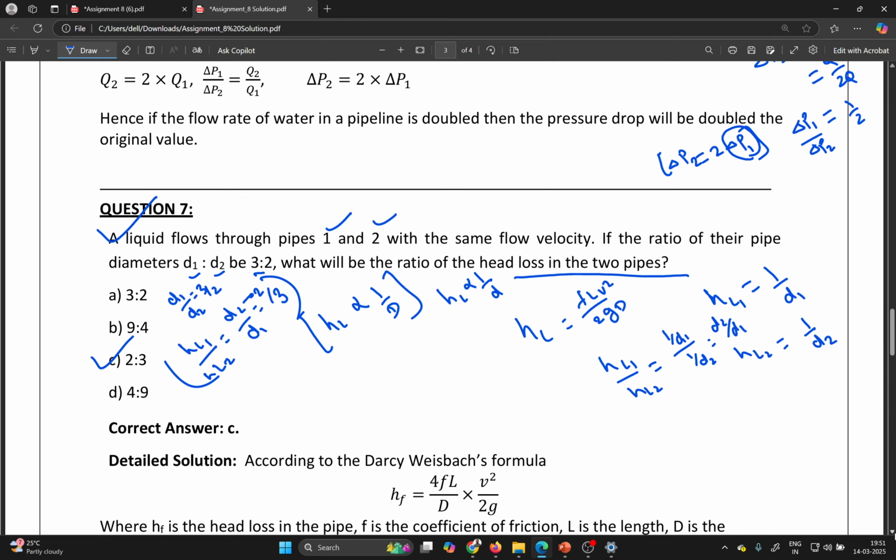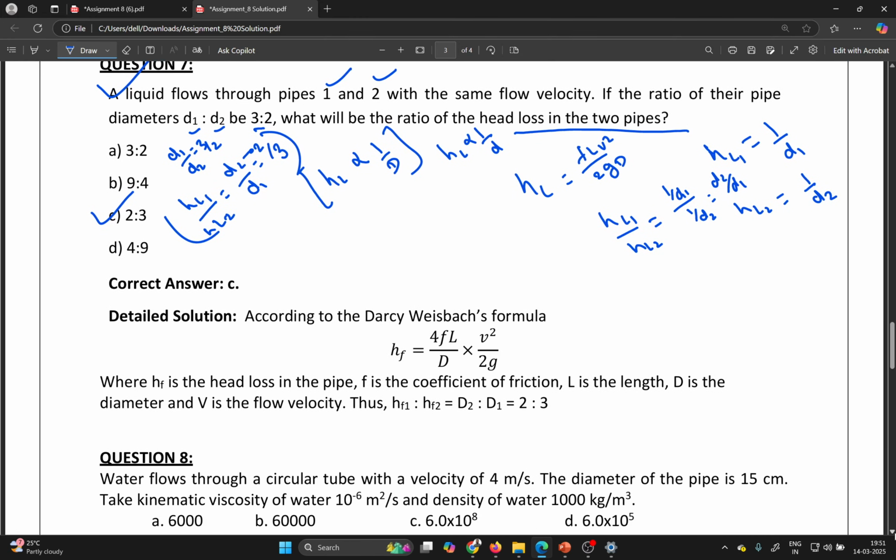Now the next question. Question number 8. Water flows through a circular tube with velocity 4 meter per second. The diameter of the pipe is 15 centimeter. Take kinematic viscosity of water as 10 raised to minus 6 meter square per second and density of water as 1000 kg per meter cube.